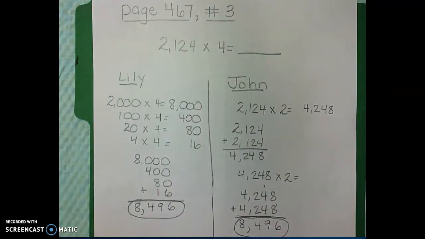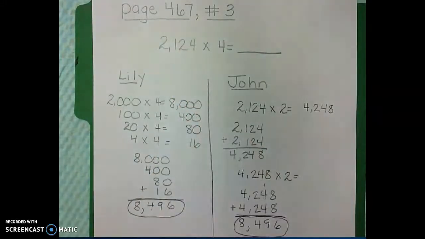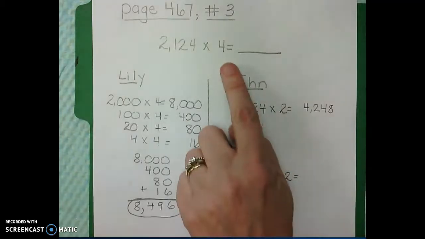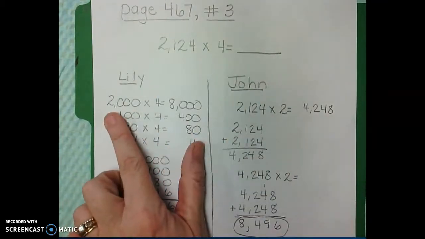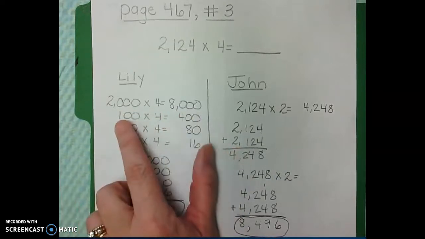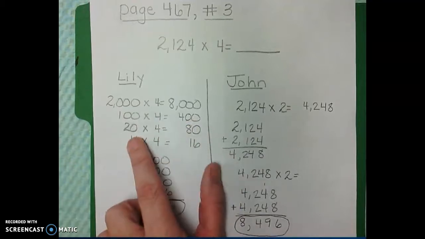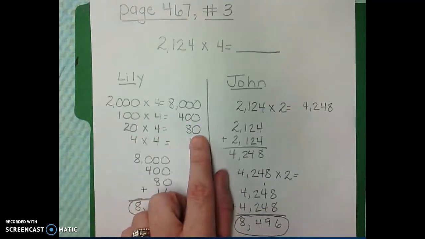All right, so let's start with Lily. Lily decided to take 2,124 and decompose, or break it apart, by each place and multiply each of those places times 4. So she said 2,000 times 4 gave her 8,000. Then 100 times 4 gave her 400. 20 times 4 gave her 80.